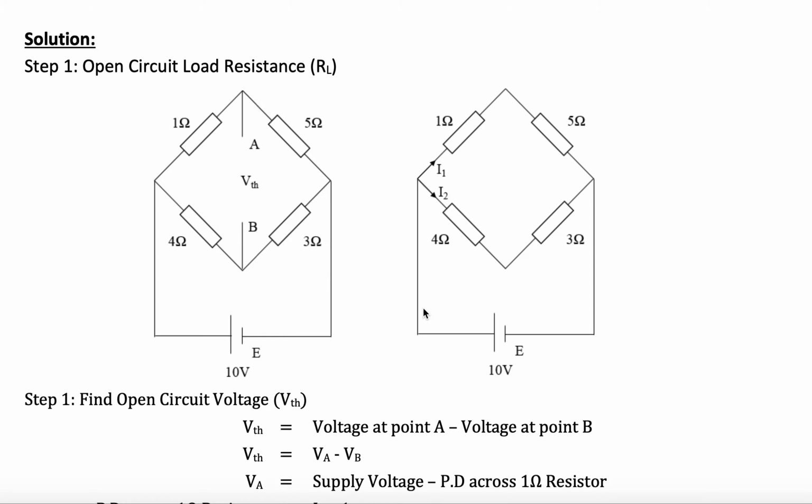Okay, if you apply KVL, I1 plus VTH minus 4I2 equal to 0. Let me write the equation as well. I1 plus VTH minus 4I2 equal to 0.